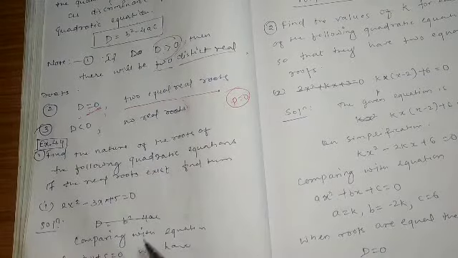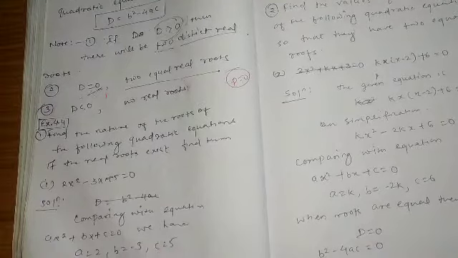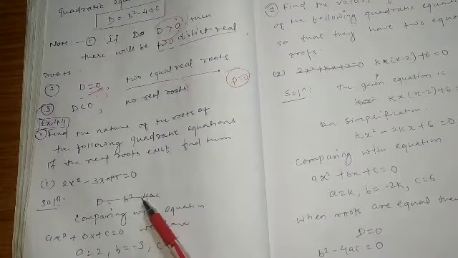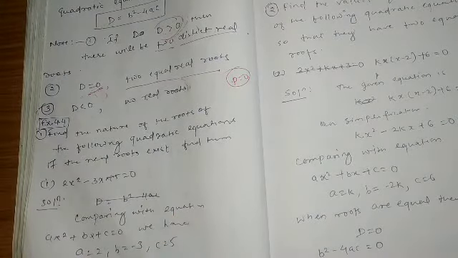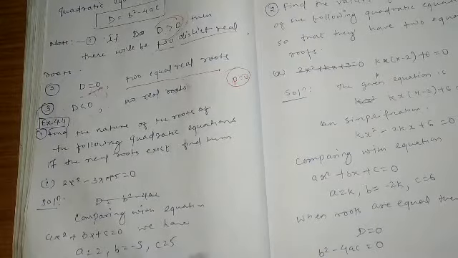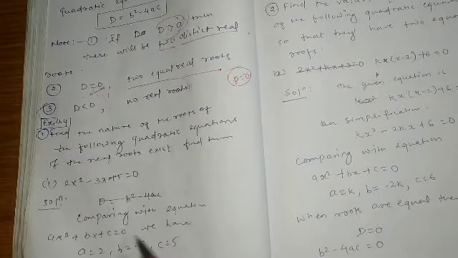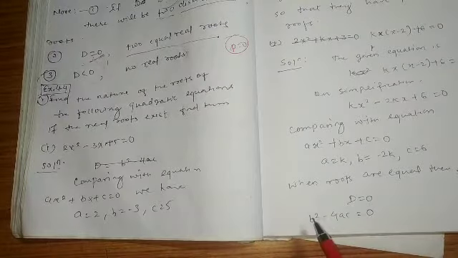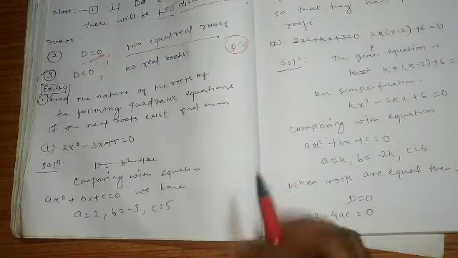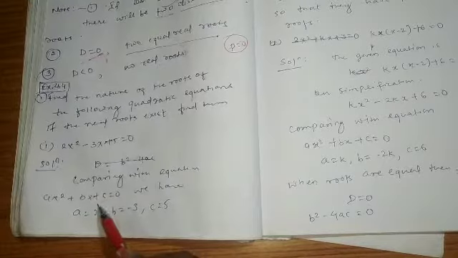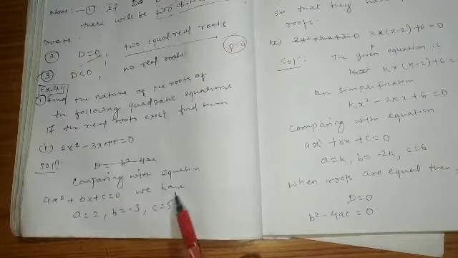So we have an equation, that is 2x square minus 3x plus 5. This is a quadratic equation. Now you'll simply compare this equation with our standard equation, that is ax square plus bx plus c is equal to 0. You will have a is equal to 2, b is equal to minus 3, and c is equal to 5.